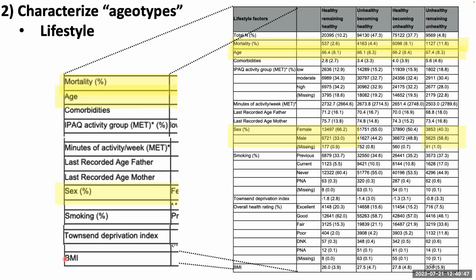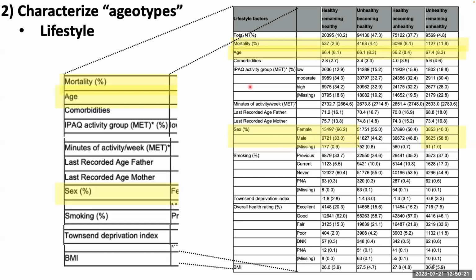And so very briefly, just for you to see, in terms of health outcomes and lifestyle information, this is the type of data that we looked at, right? So here we have the 4 clusters, or the 4 aging trajectories that I mentioned before. And we looked at very standard health outcome data, such as deprivation index, health rating, BMI, smoking, activity, comorbidities, etc. And what we see continuously is that the healthiest phenotype, the one that always remained in the healthy trajectory, has better health outcomes than the unhealthiest one.